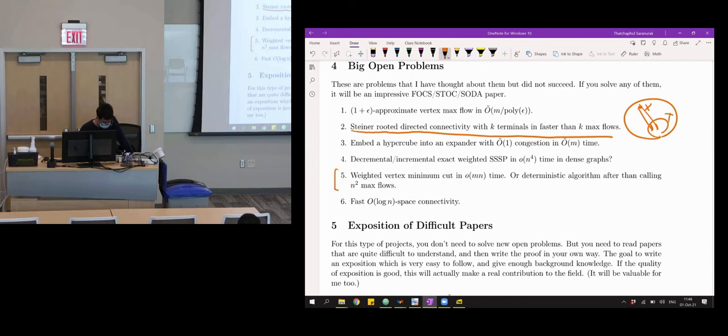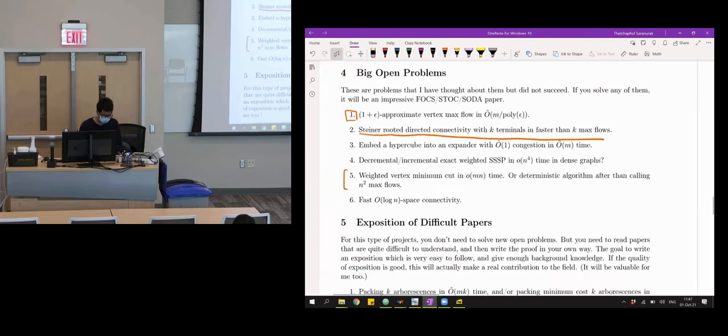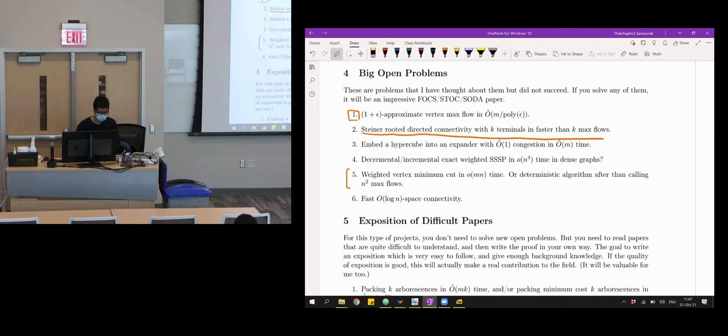This one I also mentioned in class, and it is maybe one of my favorite problems. Here we say that given x and y, you can compute kappa xy in one MaxFlow call.